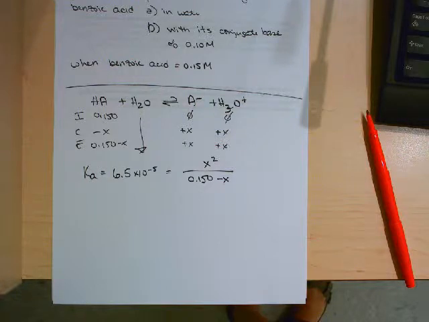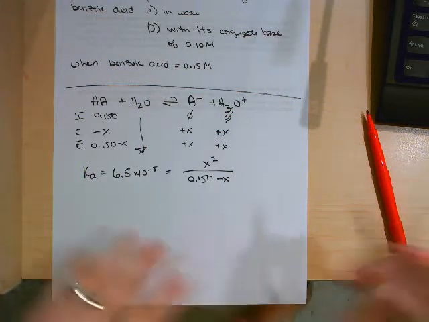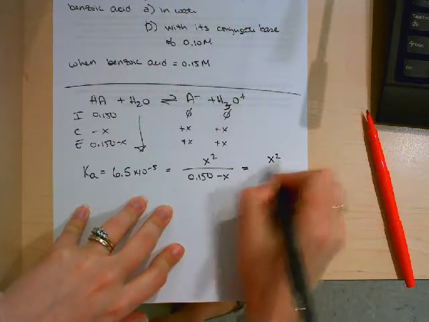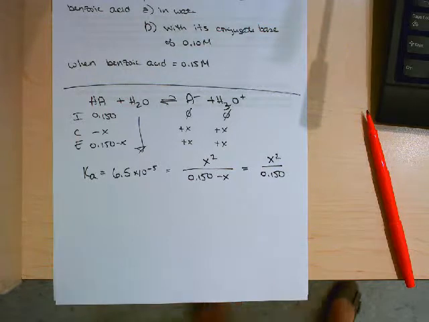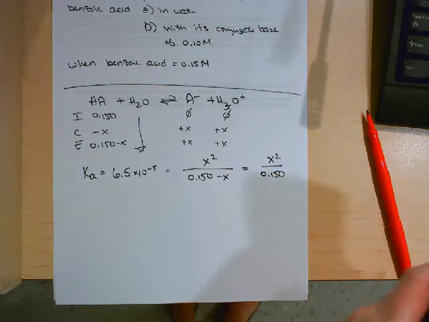Why? It's an acid-base reaction. So I can make the assumption that X is small, which means I will rewrite this as that. Alright, so then 6.5 times 10 to the negative 5, x is 1.5 times 10 to the negative 3.